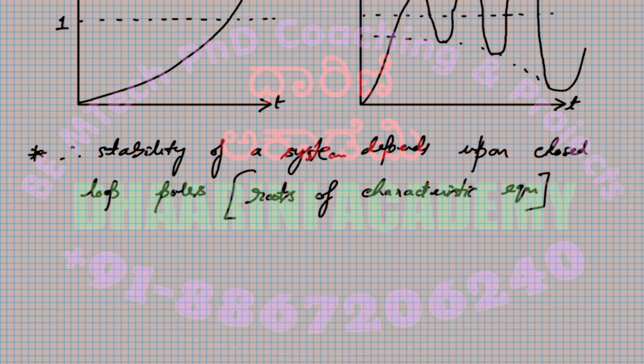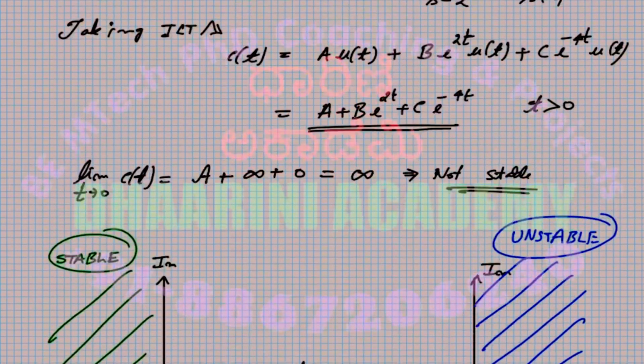Right. So now, if all the closed loop poles, or the roots of the characteristic equation, are present on the left hand side of the S plane, that corresponds to the previous case.